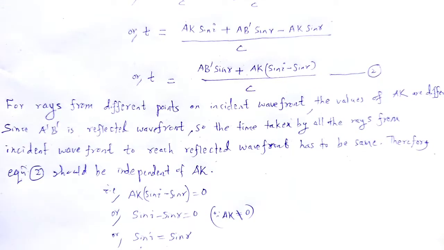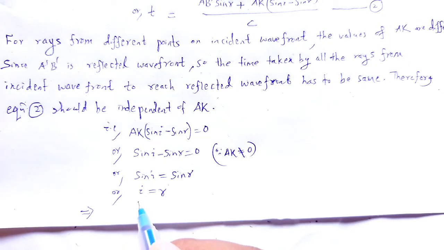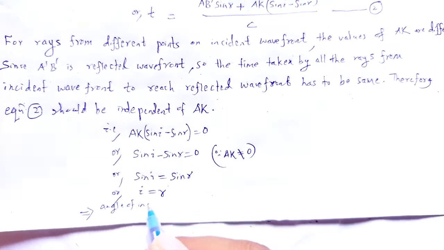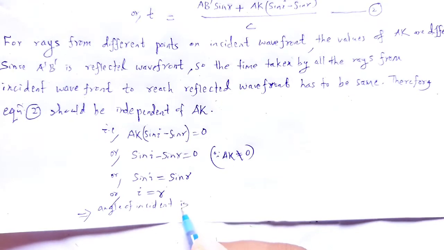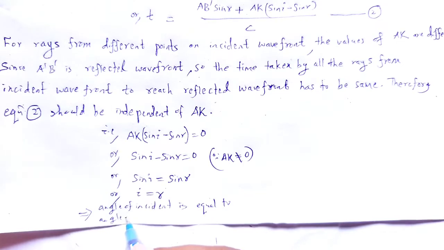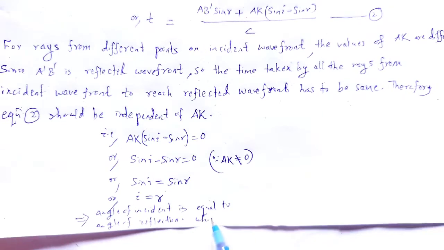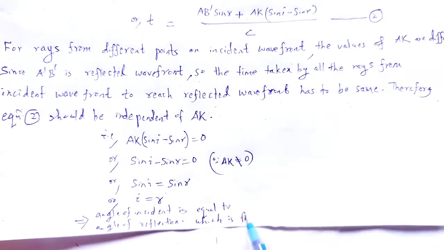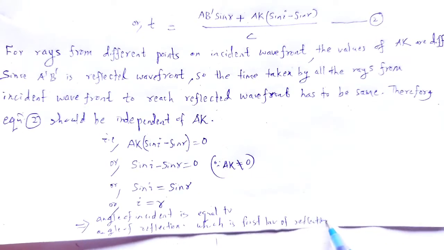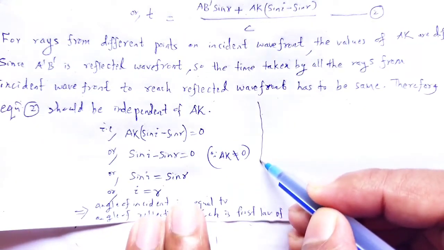Therefore I is equal to R, that is, angle of incidence is equal to angle of reflection, which is the first law of reflection, and that is proved by Huygens theory.